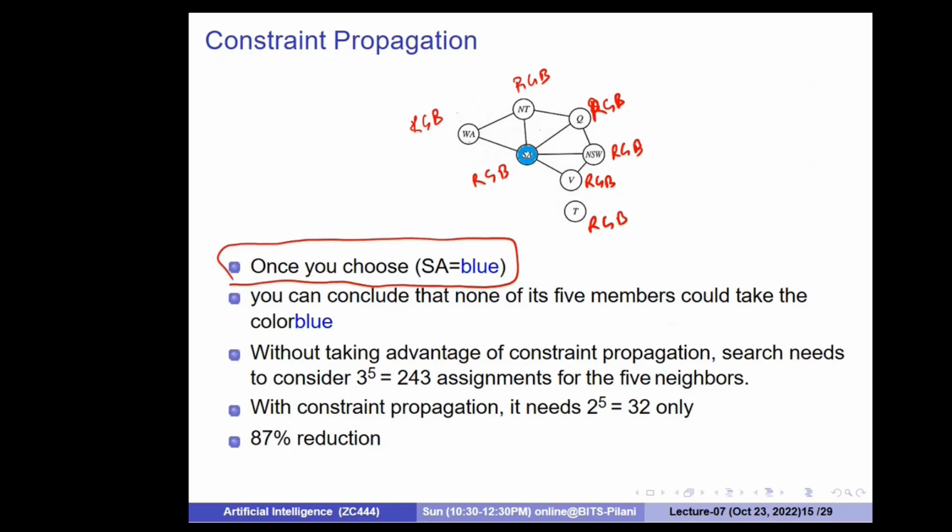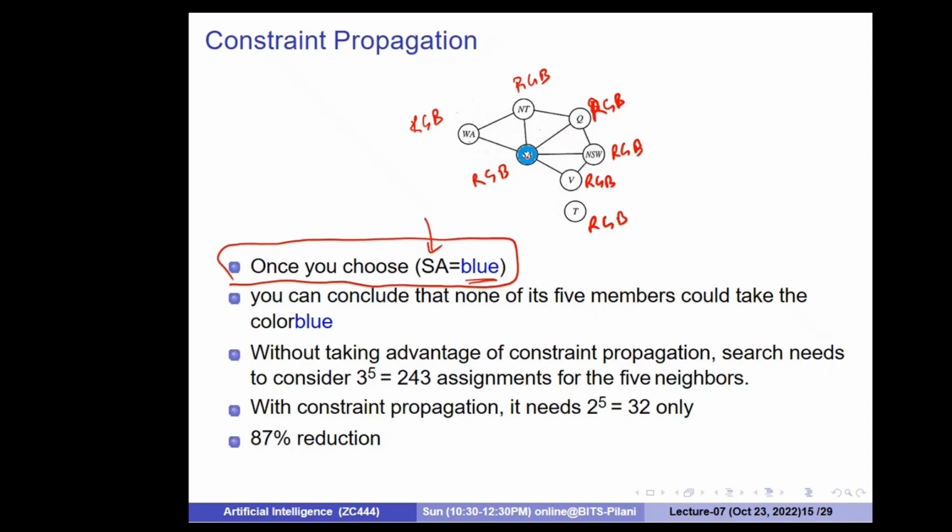First, let's assume that you pick SA and you assign blue to it. Why do you pick SA? Because it has the most number of constraints. Let me first satisfy him. If I can independently assign something to him, it becomes very easy for me to consider all other things.